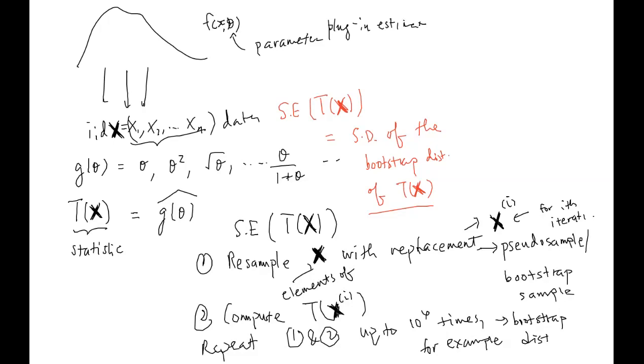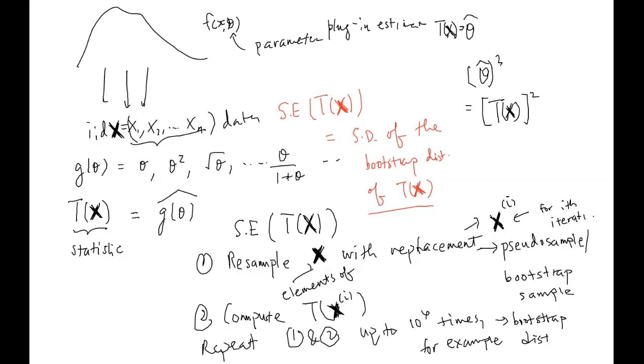For example, suppose T of X estimates theta, then your plug-in estimator for theta squared will be basically just this thing itself. This is what we call a plug-in estimator. It's very easy to do, but it is usually biased, okay?